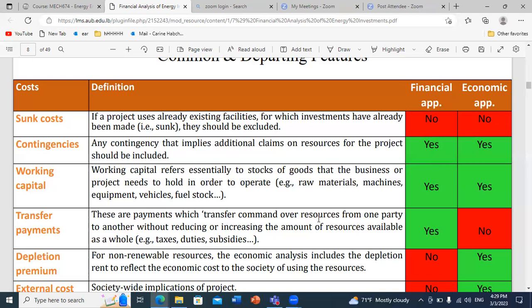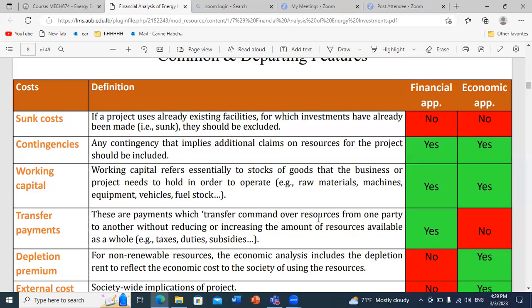It's just related to transfer between, let's say, the public and private sector. So if you are investing in any project, you have to pay taxes, you have some duties, subsidies, all of these.